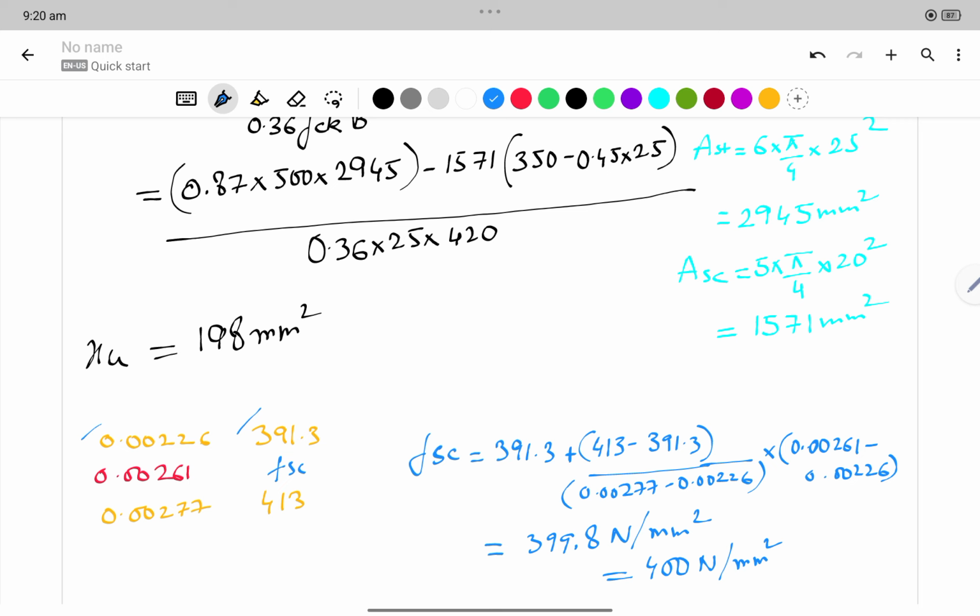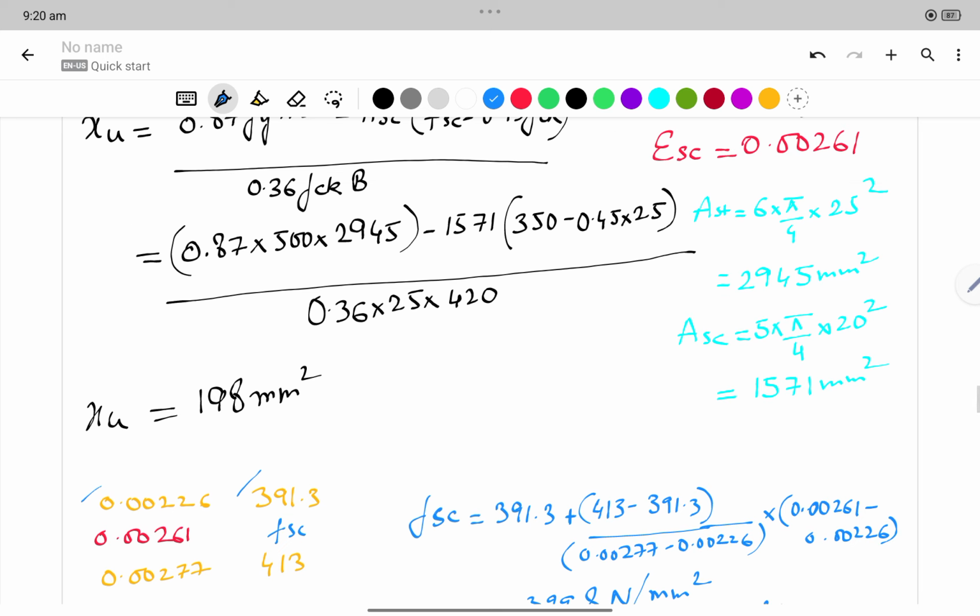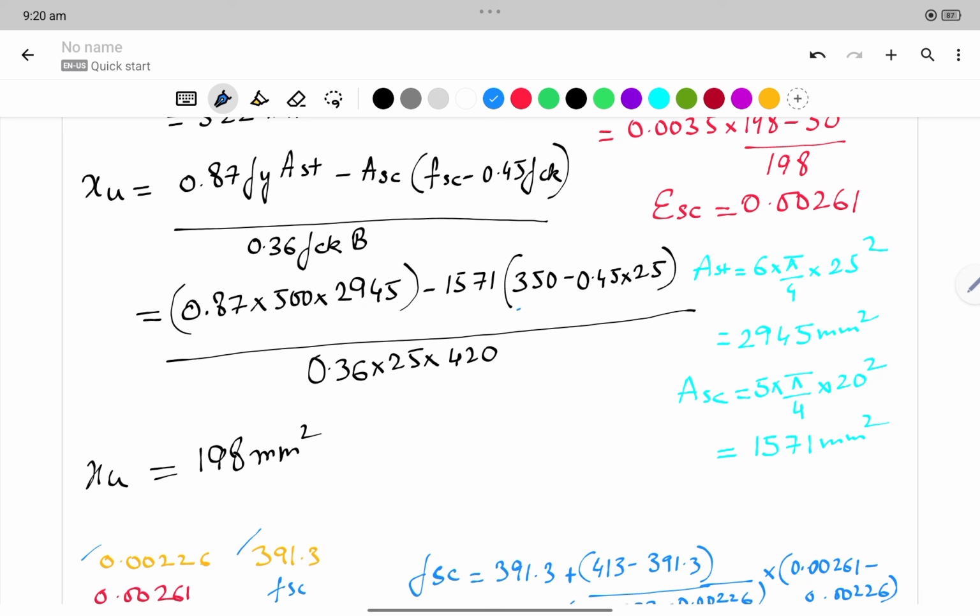So what we will do? We will again put the value here, as we have put it here 350. We will change this to 400. Okay. I am just calculating the value. XU is equal to, everything will be same, just that part will be changed.